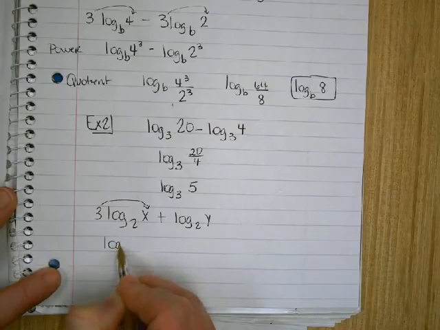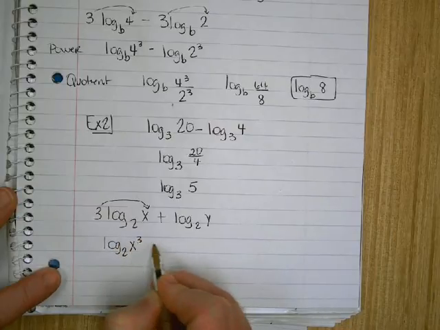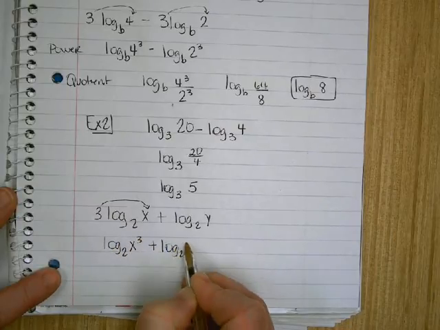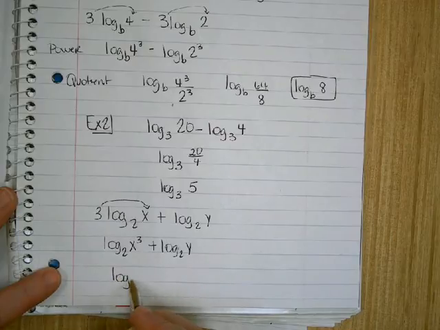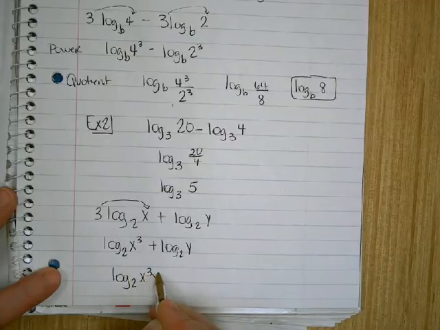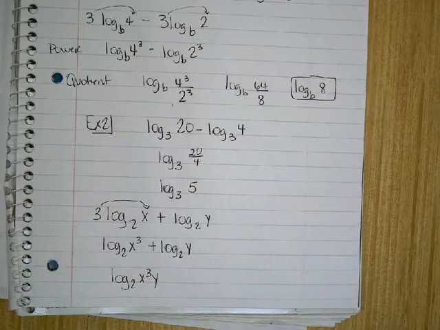Log base 2 of x to the third plus log base 2 of y. And then x to the third times y. Any questions on those?